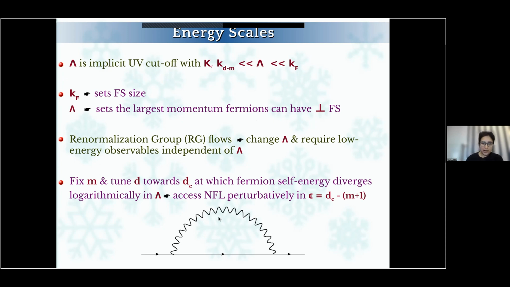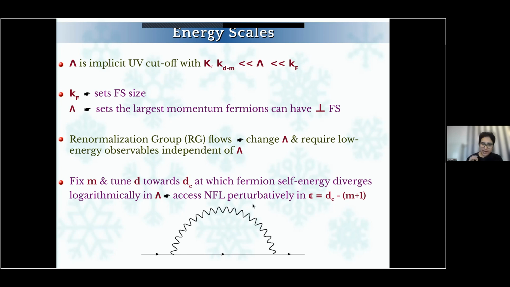Now, to find out the upper critical dimension, we fix M and then find out DC, which is the dimension at which the fermion self-energy diverges logarithmically. That means if we compute this loop diagram, then the value of D where it shows logarithmic divergence is the value of DC.